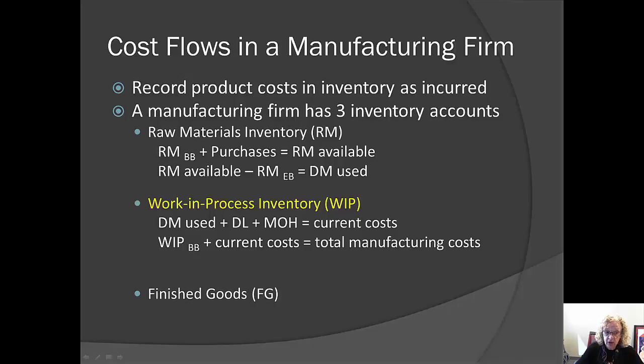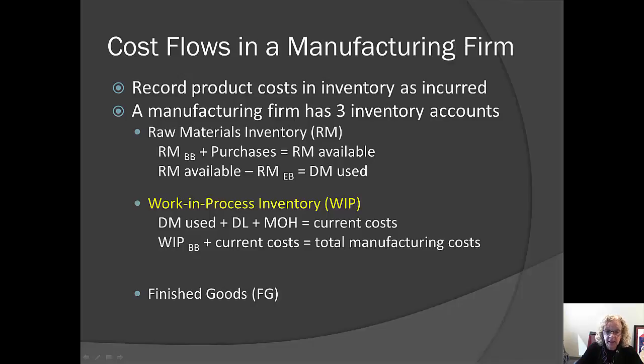units and start other units. So generally speaking, we can say that our work in process beginning balance, partly finished units from last period, plus all of our current costs equals our total manufacturing costs. Now, what happens to those units?